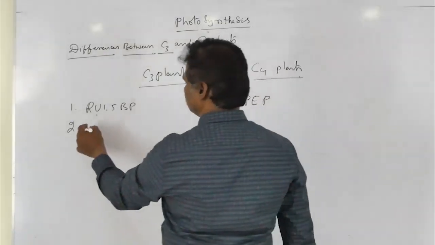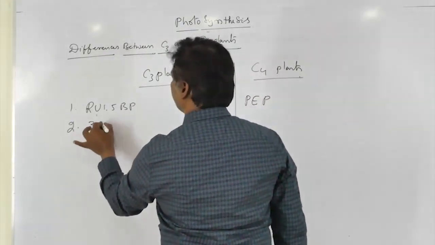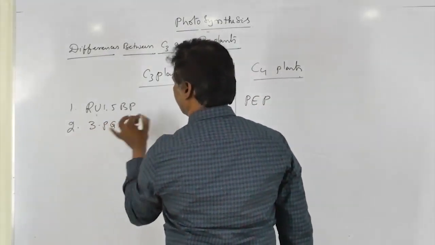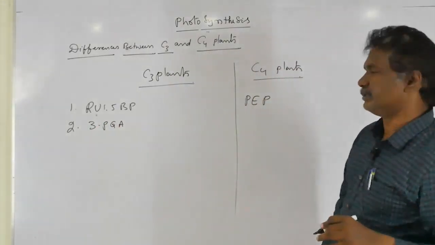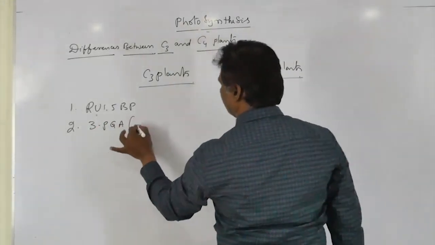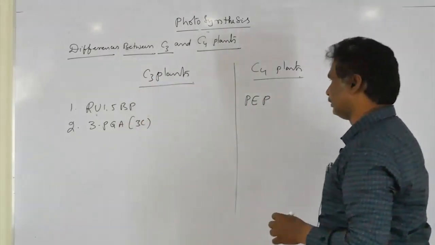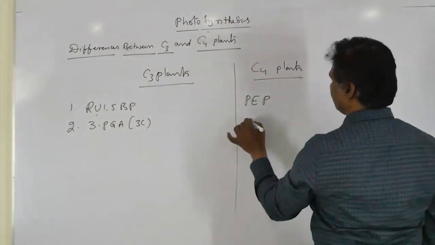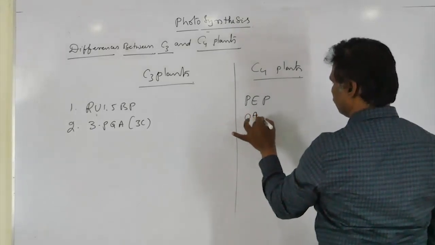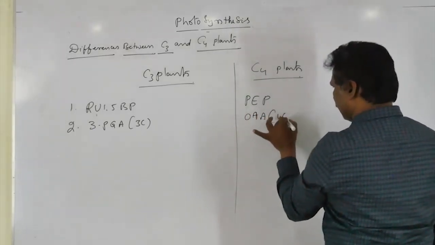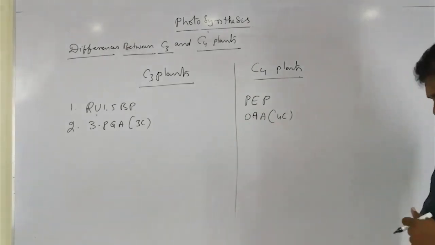What is the first formed compound in C3 plants? That is 3-phosphoglyceric acid, which has 3 carbons. That's why it is called a C3 plant. In C4 plants, the first formed compound is oxaloacetic acid, which has 4 carbons.